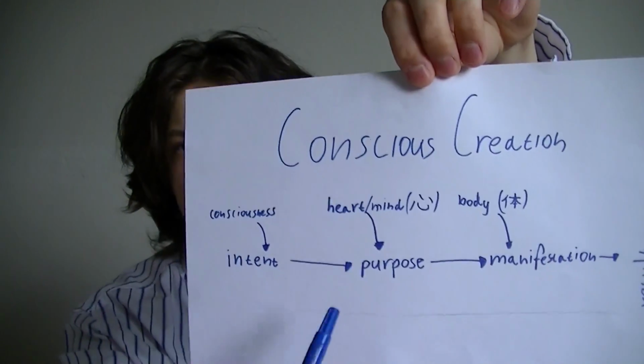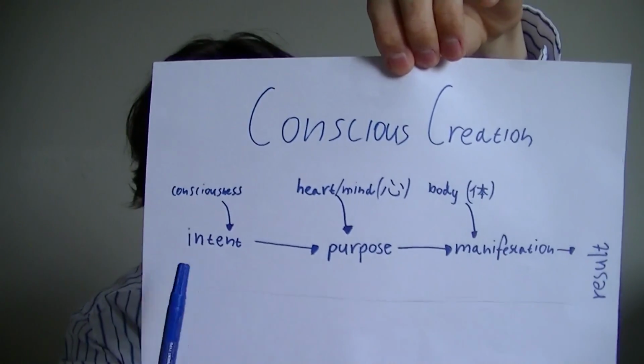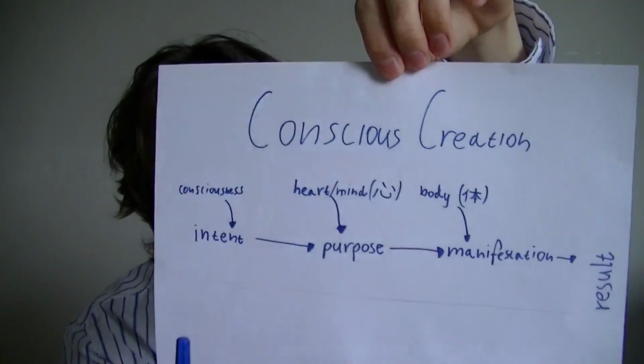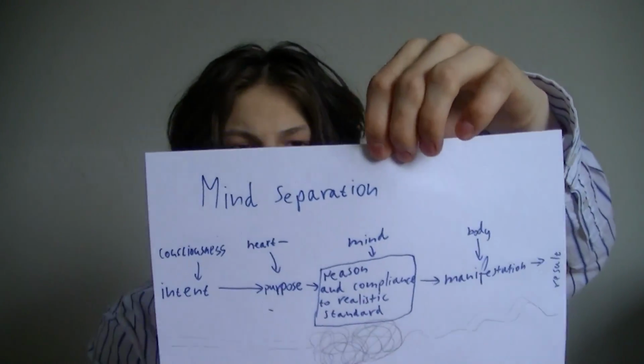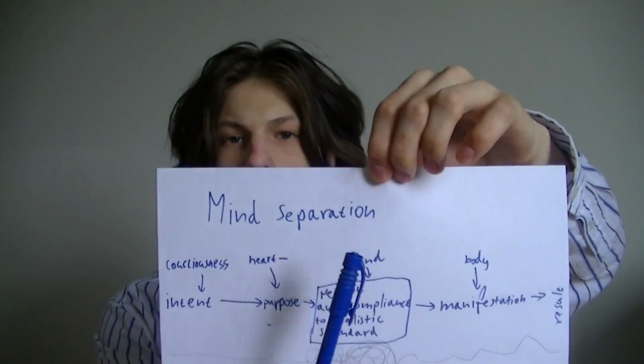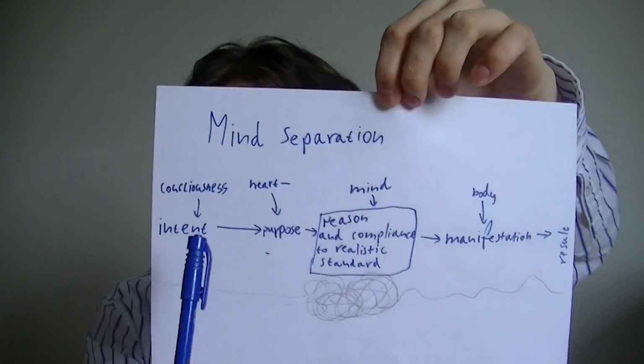If these steps are not aligned, then the result will be different from the intent, and/or the creation will not occur at all. However, what seems fashionable nowadays is what I call mind separation. Perhaps it could be called mind separation syndrome, as a mental illness.